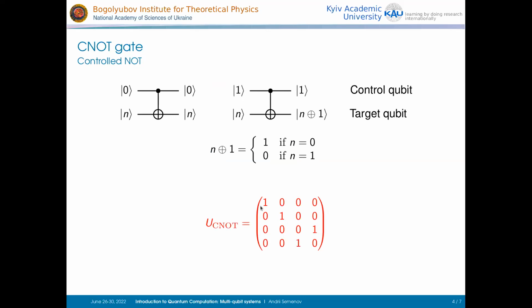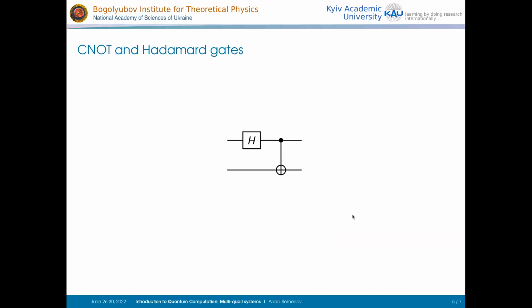Okay, very nice. Let's continue, and let's now combine this CNOT gate with another gate, the Hadamard gate. So first we put a Hadamard gate on this qubit, and after that we put the controlled gate.